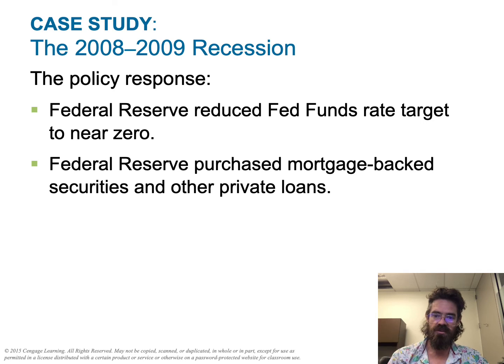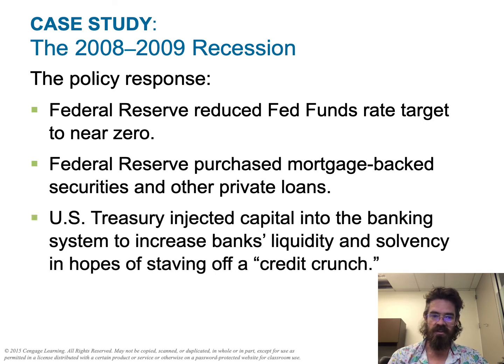There was also a response from our government, the U.S. government. So the U.S. Treasury injected a bunch of money into the banking system in order to increase the banks' liquidity and solvency to try to prevent them from failing and staving off a credit crunch, right? A situation where banks are very, very reluctant to lend any money.